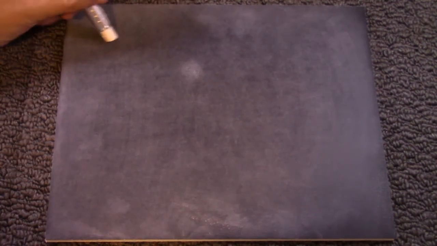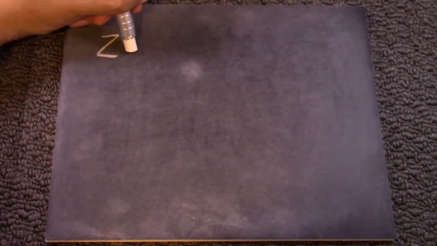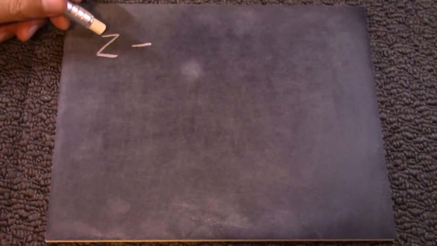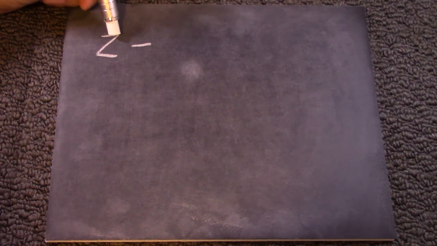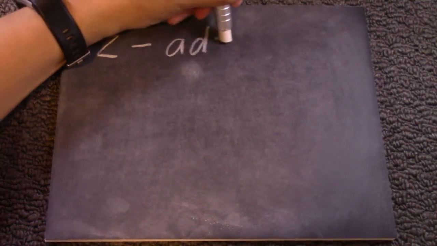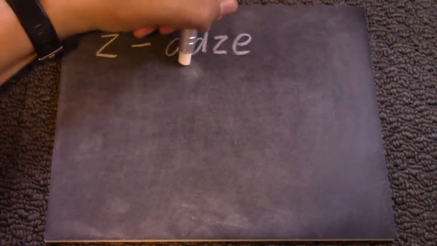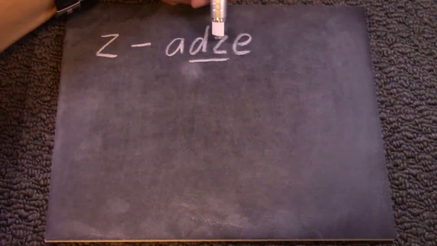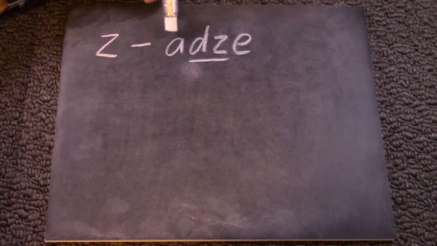The first letter is Z. So the Z is very different in á'islak than it is in English. So in English, sometimes you'll think of the word zoo when you think of the letter Z. But when we use it in á'islak, it sounds more like the D and Z combination in the word ads.